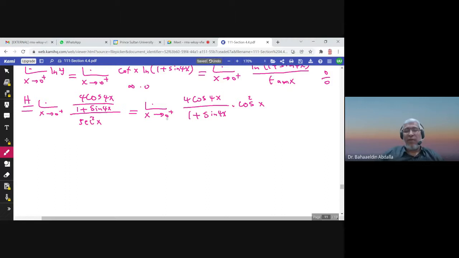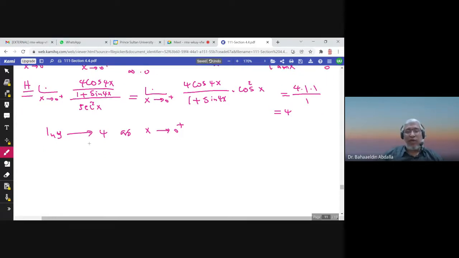Now if I replace x by 0, cosine 0 is 1. So I will have 4 times 1, and cosine 0 is also 1, sine 0 is 0. So the answer is 4. So ln y goes to 4 as x approaches 0 from the right.